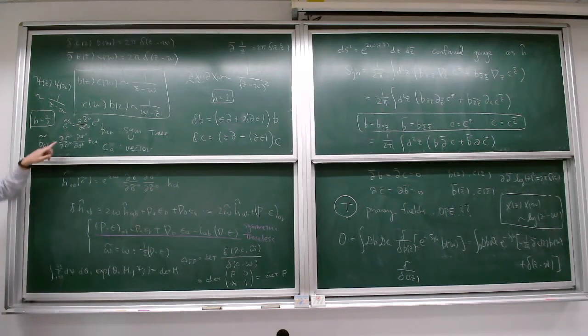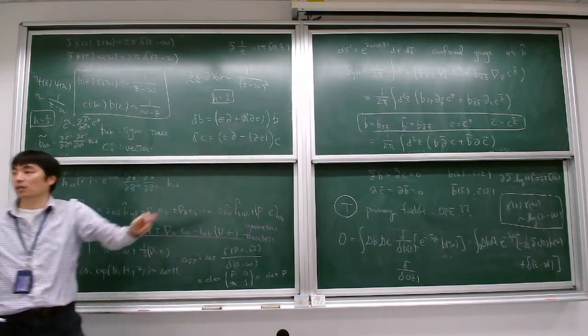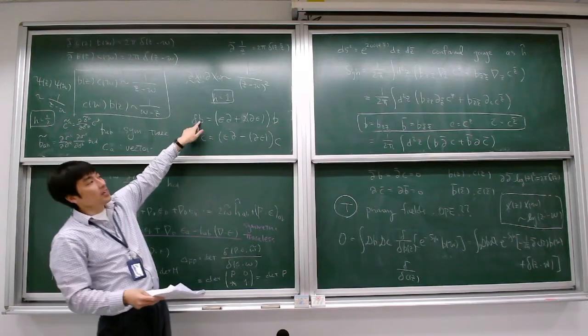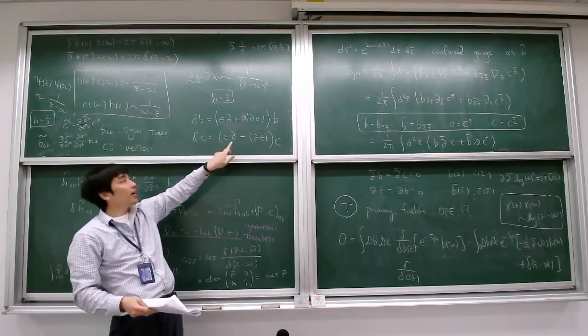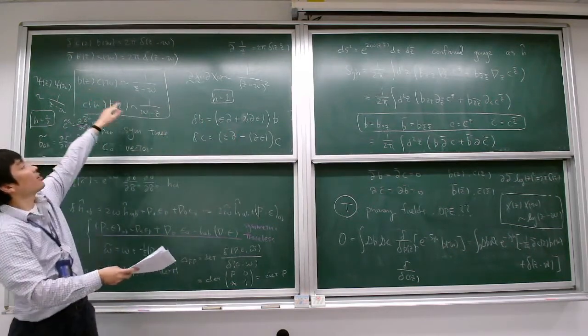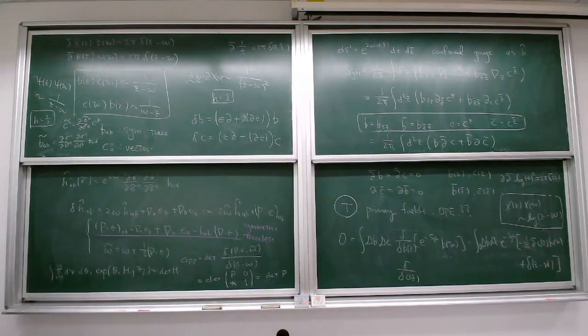So therefore you get the opposite sign, minus, and only 1. That's the difference. So the conformal dimension of B is, as you can see, 2, and the conformal dimension of C is minus 1, and together you get 1 and 1. Do you understand what I mean? Hopefully.